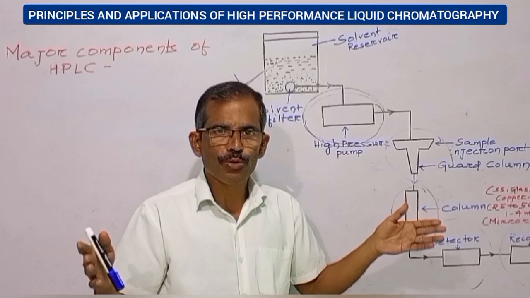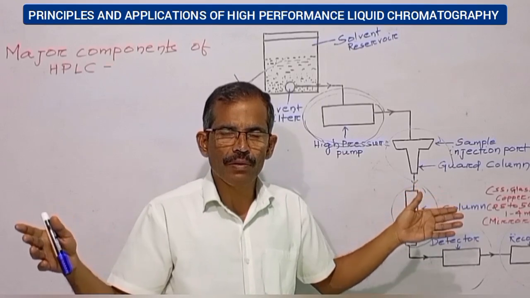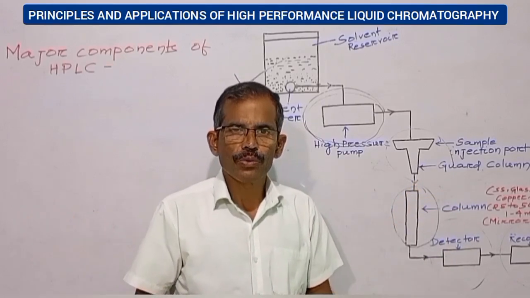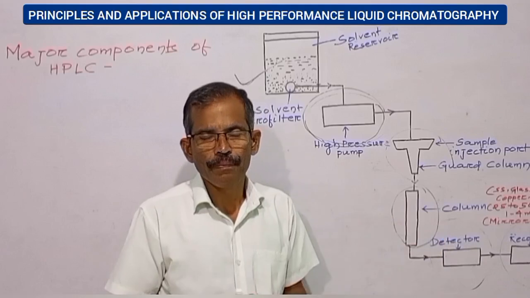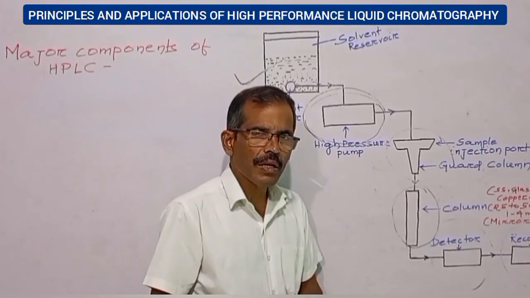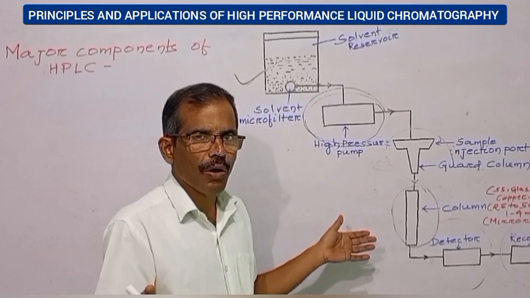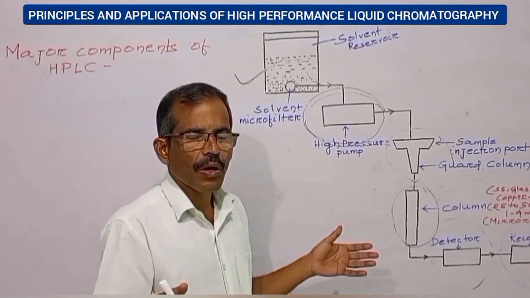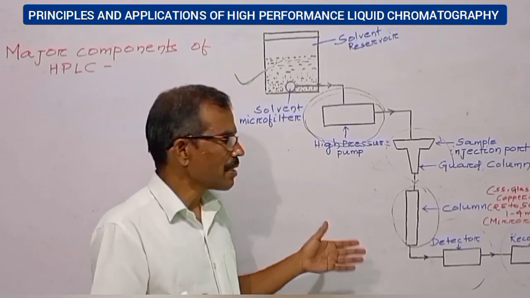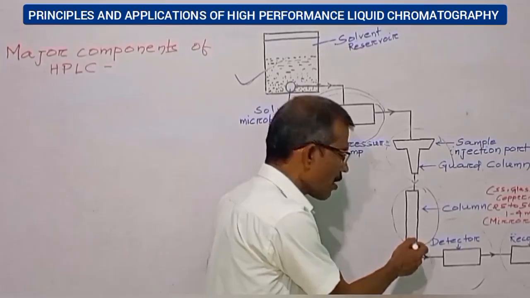The column should possess an internal mirror finish in order to allow efficient packing. The packing material is supported by a porous stainless steel or a Teflon plug or a disc that is placed at the bottom of the column.